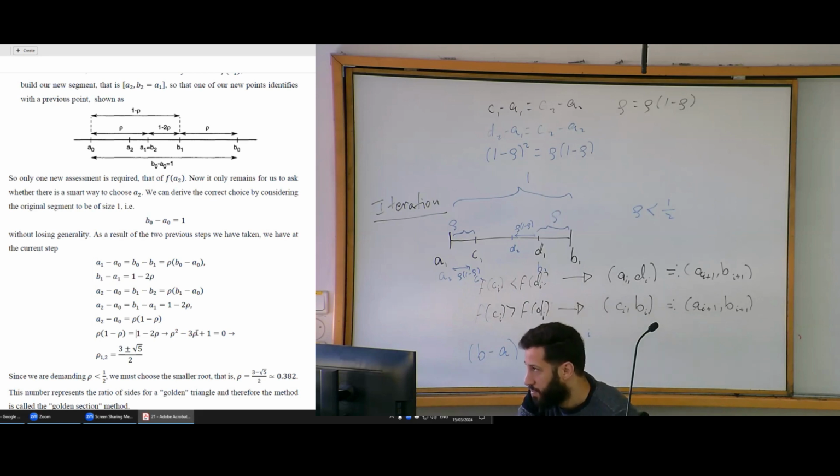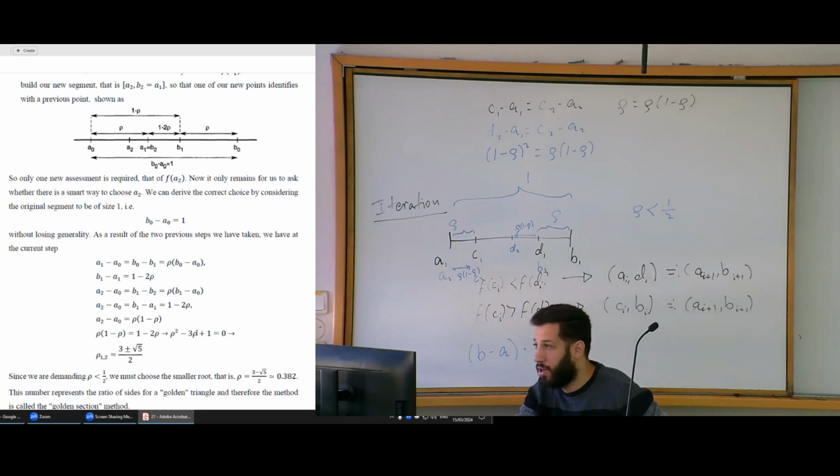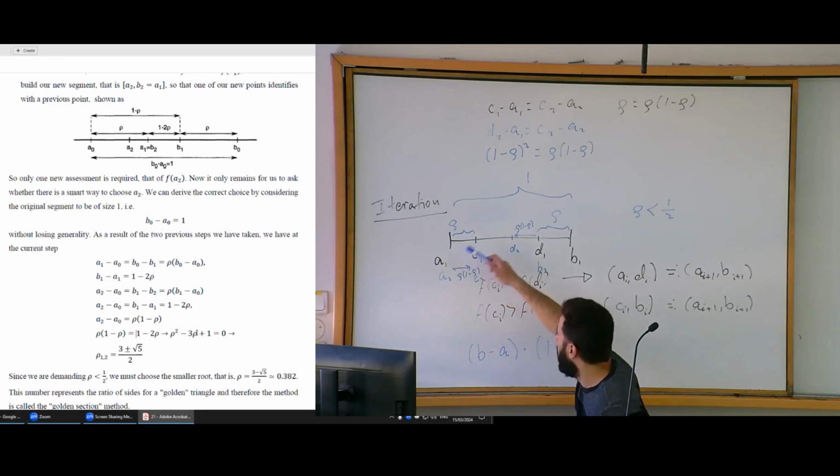Questions? It just makes it easier. So a new point will be a point that we already know, so we don't have to calculate it. So my new 2 points, one of them will be the C1 that I evaluated before. Again, my method works for any row.